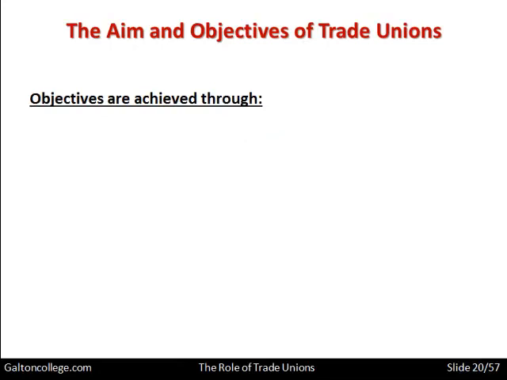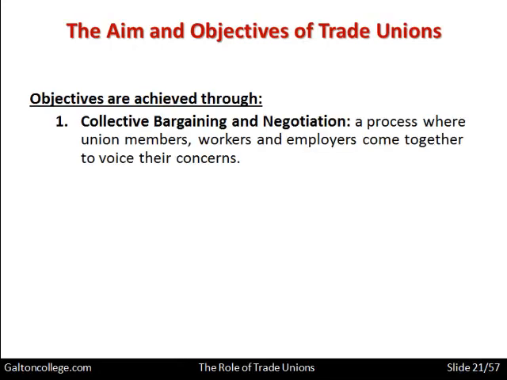Now, the objectives are achieved through collective bargaining and negotiations. The trade unions try to negotiate with the employers. They form collective bargaining situations, so they try to negotiate with the employers. They contact the employers when there's an issue. They try to get it resolved.